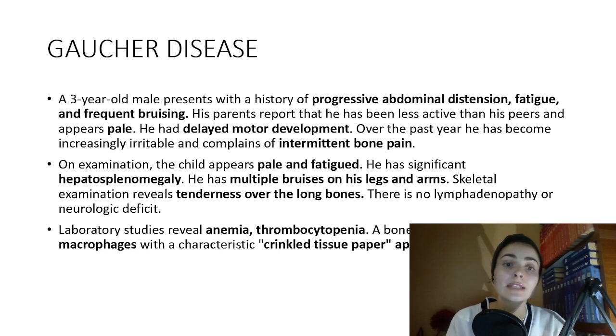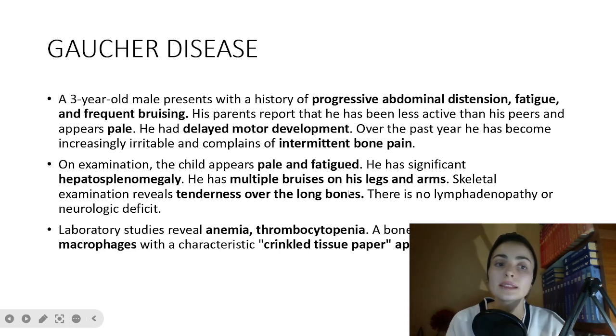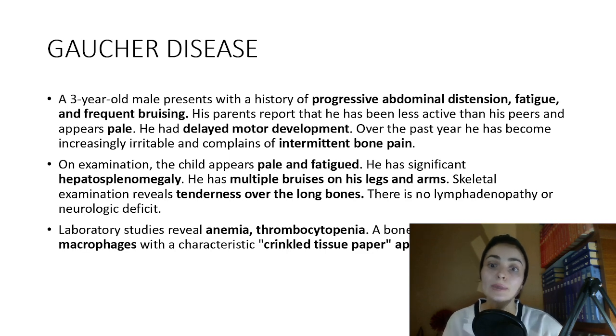He had delayed motor development, and over the past year he has become increasingly irritable and complains of intermittent bone pain. On examination, the child appears pale and fatigued. Paleness and fatigue can be, and in this case are, the symptoms of anemia, deficiency of red blood cells and hemoglobin in the blood. He has significant hepatosplenomegaly, enlargement of liver and spleen.